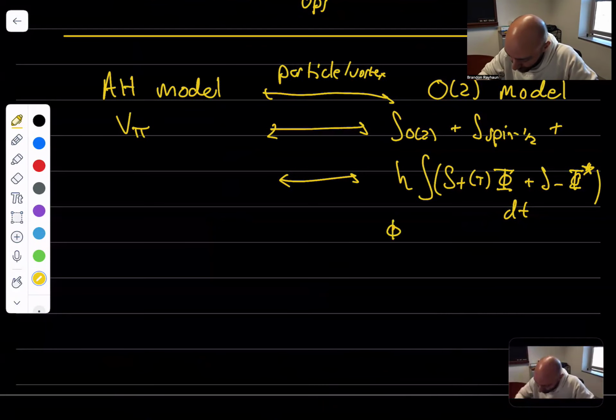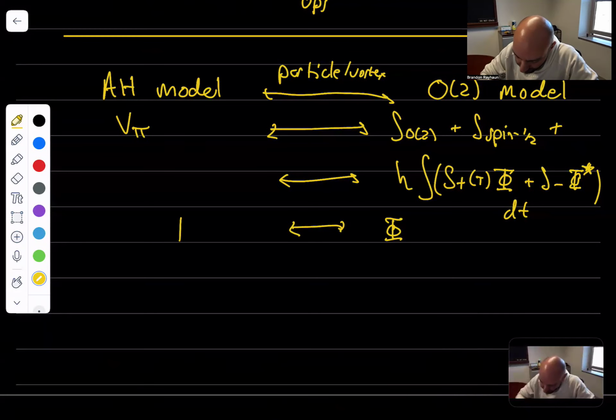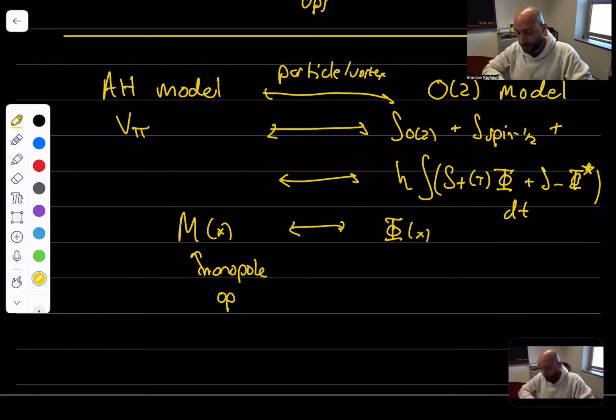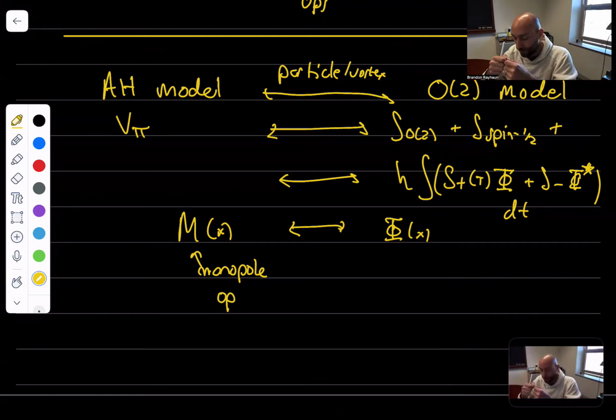So the fundamental field phi of the O2 model maps, on the abelian Higgs side, to a monopole operator. This is some kind of disorder operator. You can't construct it out of fundamental fields in the Lagrangian, but rather you construct it by modifying how you do the path integral so that it looks like there's a magnetic monopole inserted at the point X.